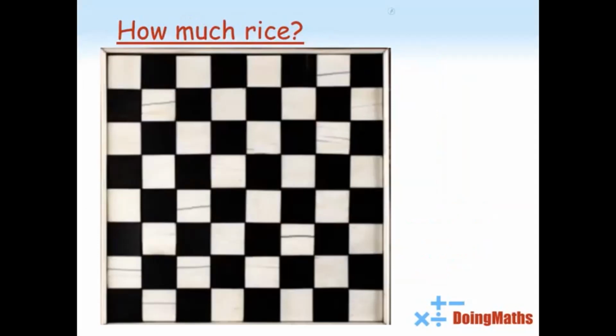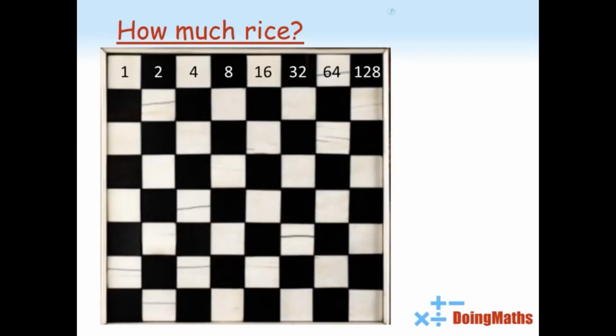So the king got his officials to collect together the rice, and he started putting it onto the chessboard. He put 1 grain on the first square, then 2 grains on the second, 4 grains on the third, then 8, 16, 32, 64, finally 128 on the last square of the top row. It was looking good for the king so far.